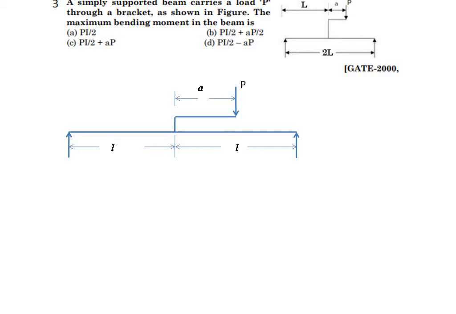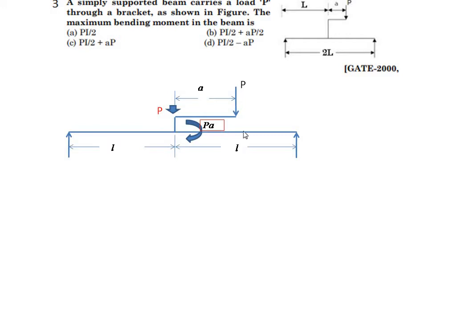So as per transmissibility of forces, we can replace the force acting here on the beam by an equivalent force and a moment. Now I am replacing this force P by an equivalent force P exactly at this point, and an equivalent moment which is equal to P into A, force into perpendicular distance.